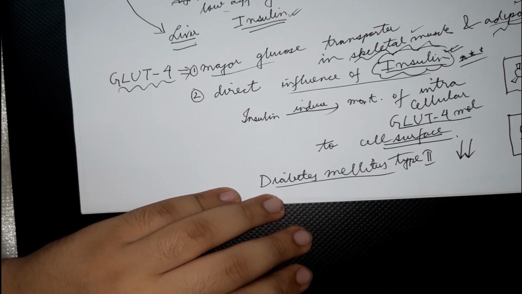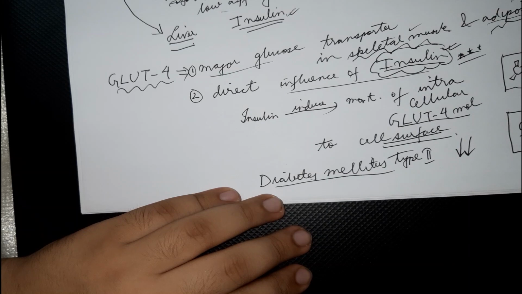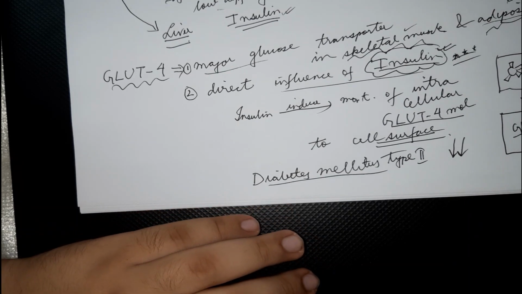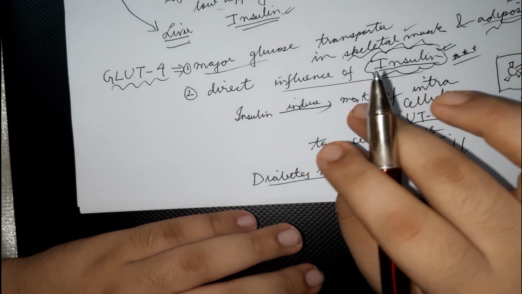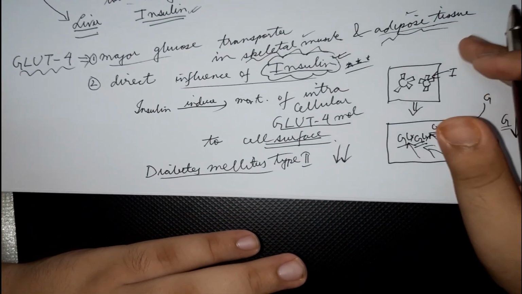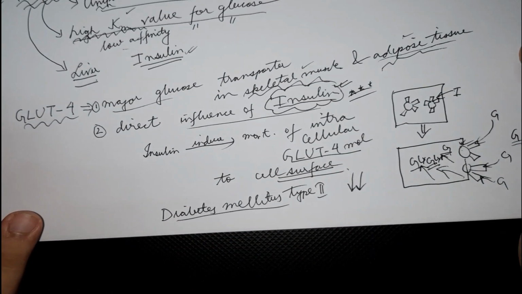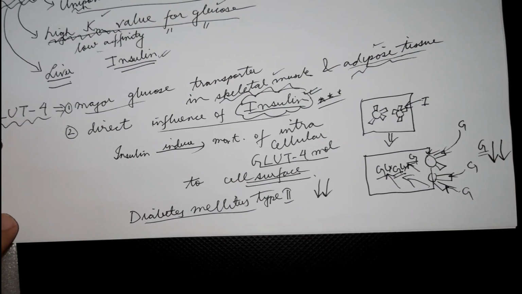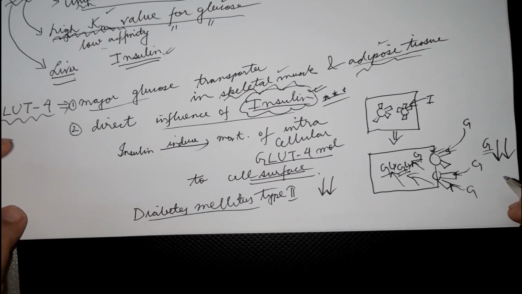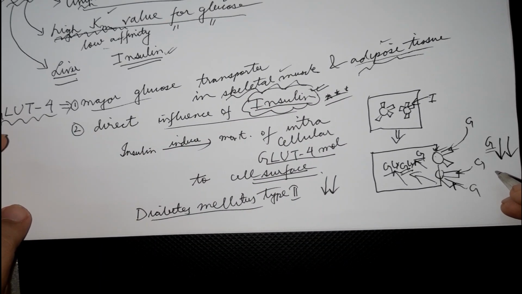So there are not many GLUT4 molecules left for the intracellular transportation of glucose from outside the cell to inside the cell, and hence to store the glucose in the form of glycogen. Hence the glucose concentration in the bloodstream increases, or rather keeps on increasing. That is diabetes mellitus type 2. Okay.